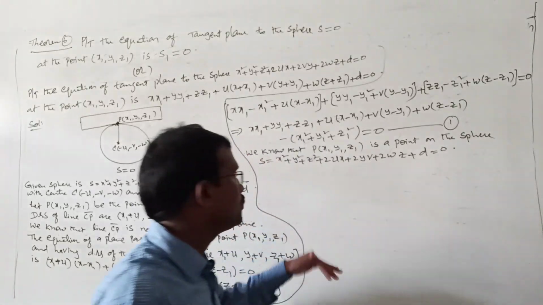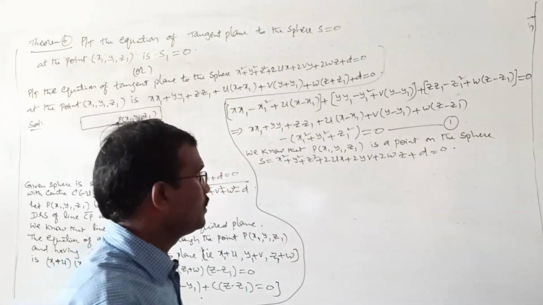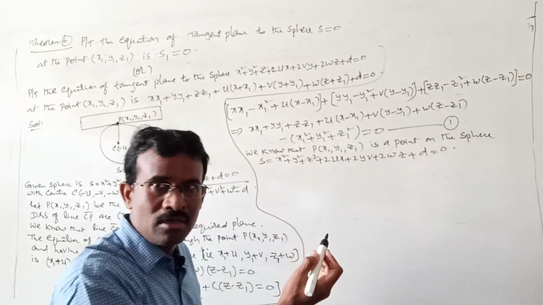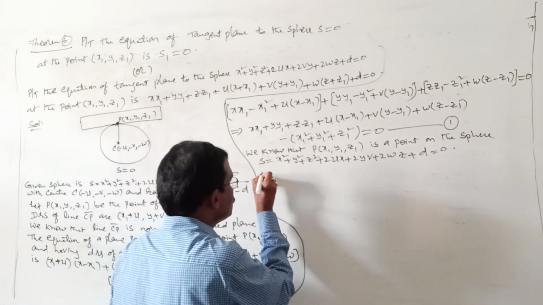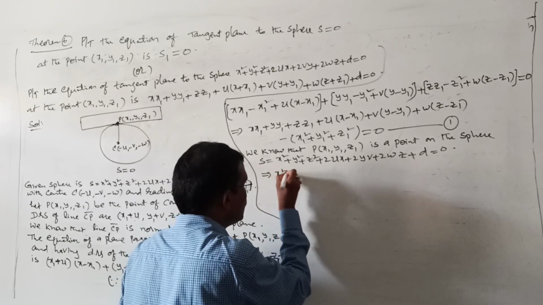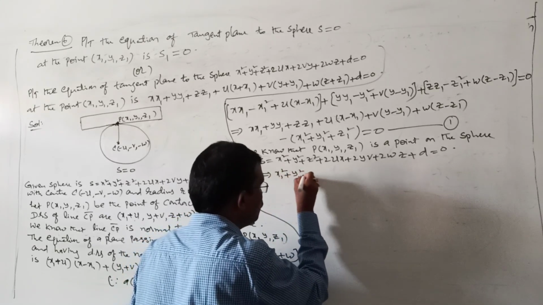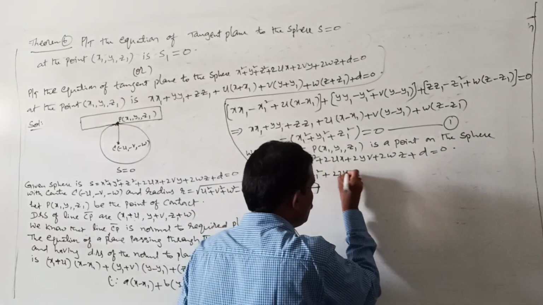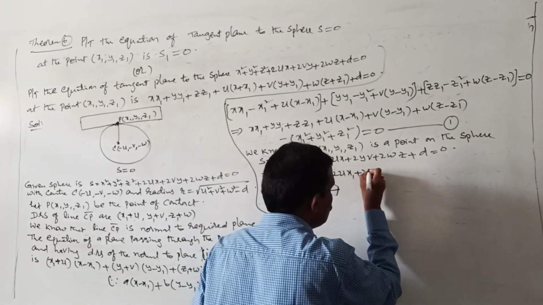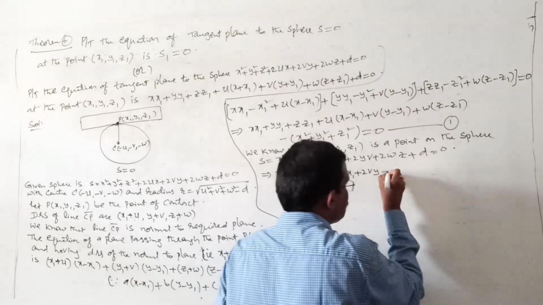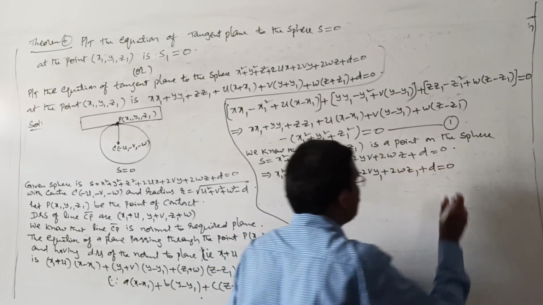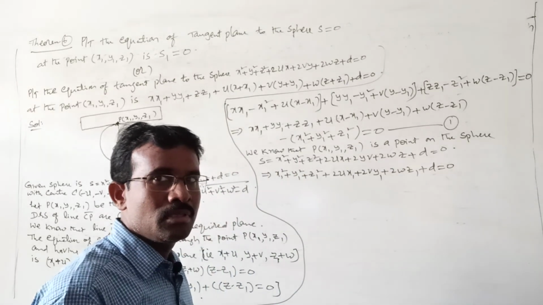I am not using the S notation in the next simplification part. Whenever this is a point on this, you can replace x with x1, y with y1 and z with z1, so that you get this expression: x1 square plus y1 square plus z1 square plus 2ux1 plus 2vy1 plus 2wz1 plus d is equal to 0, right?